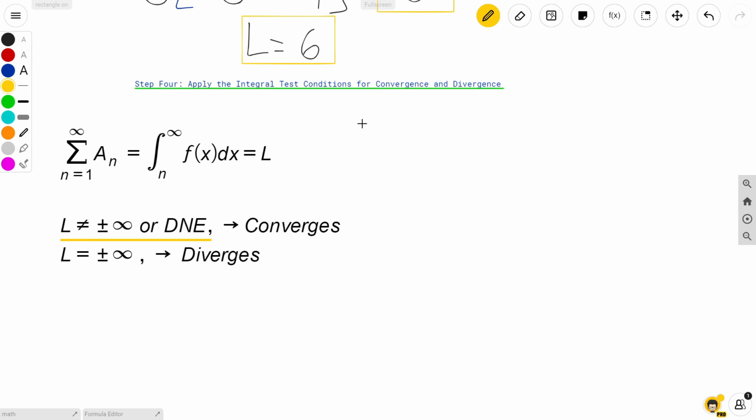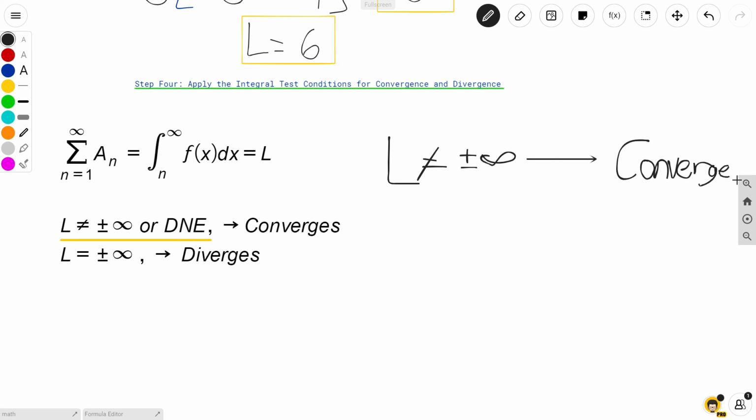So since L does not equal plus or minus infinity, then this whole series converges by the integral test.